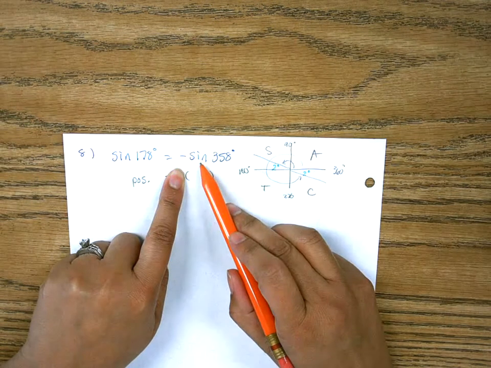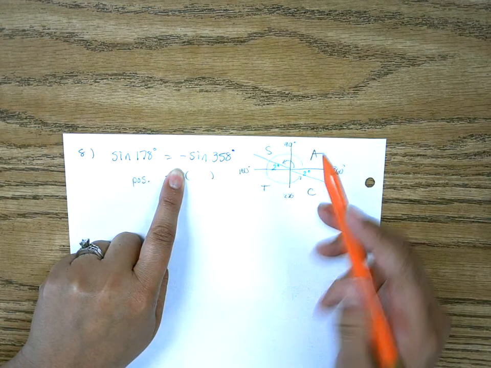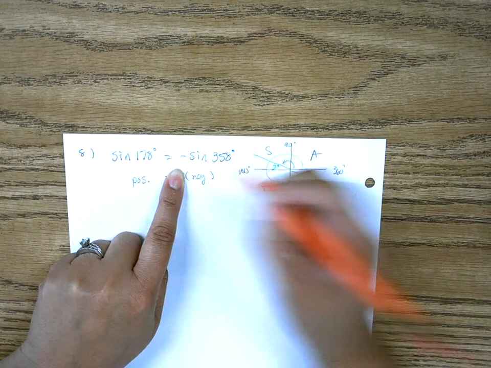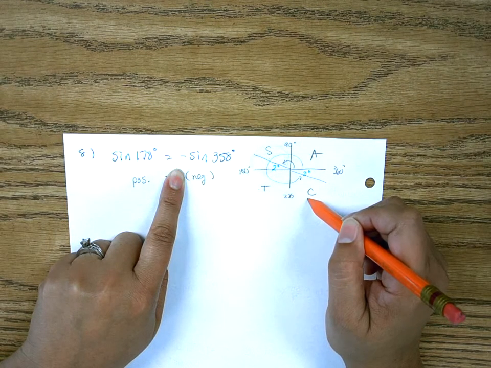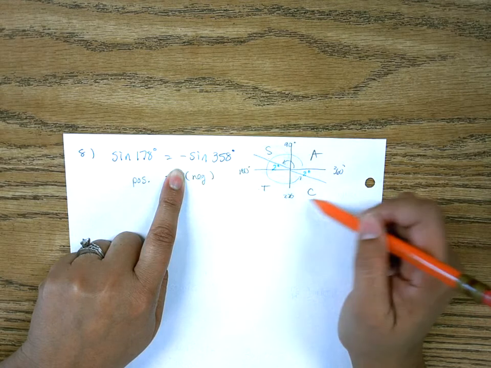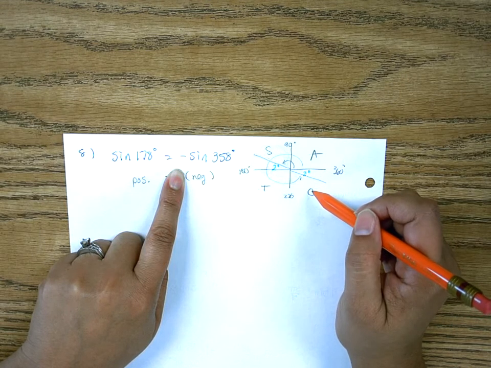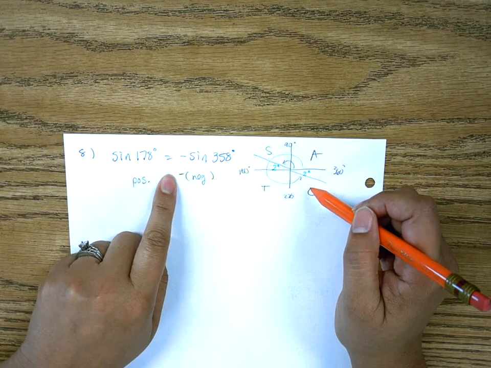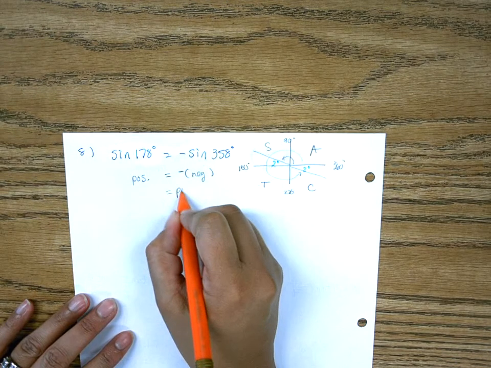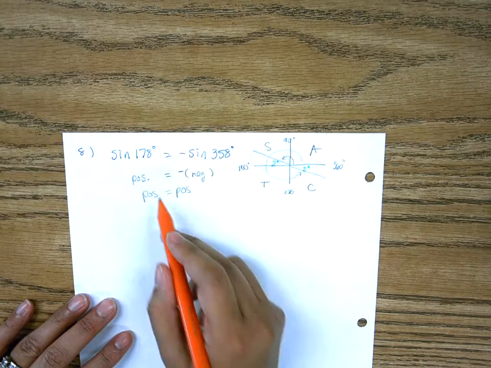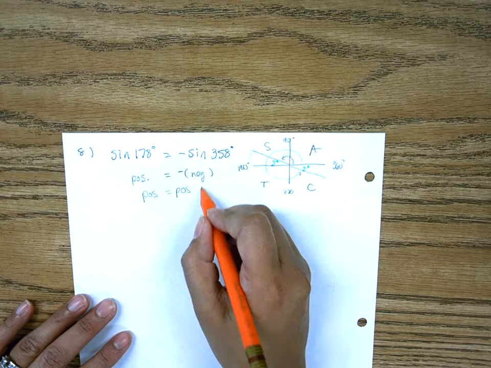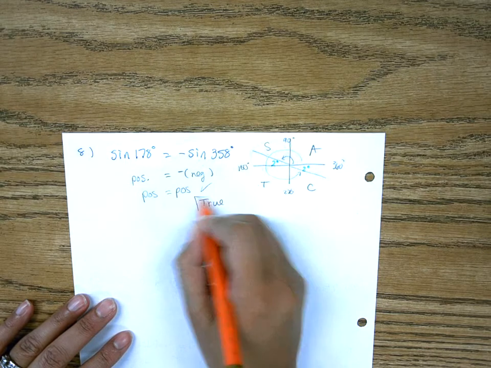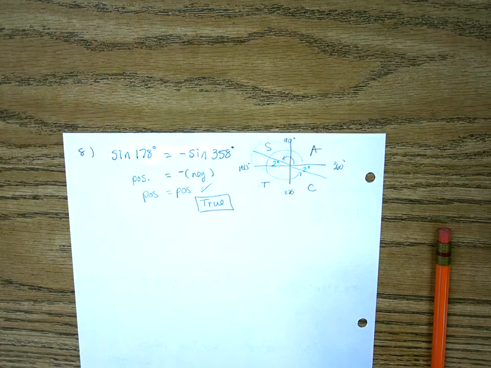In this quadrant, only cosine is positive, so that means sine of 358 is going to come out to be a negative value. Do you see that? All students take calculus. I don't know what sine of 358 is, but because it's in quadrant 4, I know it's going to come out to be a negative value. And if I have a negative times a negative, that's going to come out to be positive. Two positive values that are exactly the same because they have the same reference angle is going to be the same, therefore it is true.